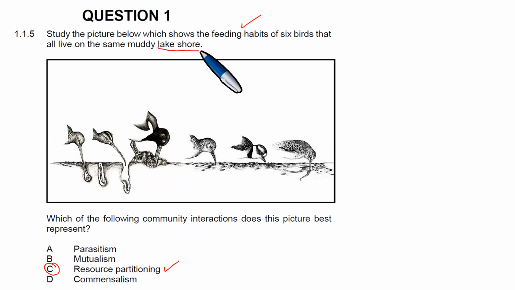They are scavenging for food, and as they're scavenging, you can really see that it's none of the other options but resource partitioning, because each one has its own position and is scavenging for food.